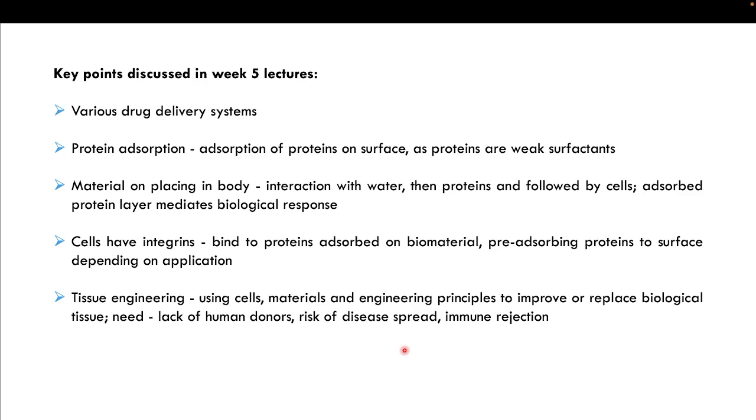So my body is not going to be very well adapted to somebody else's kidney. So there are always chances of immune rejection, and this is one of the reasons why organ donation or organ replacement fails.